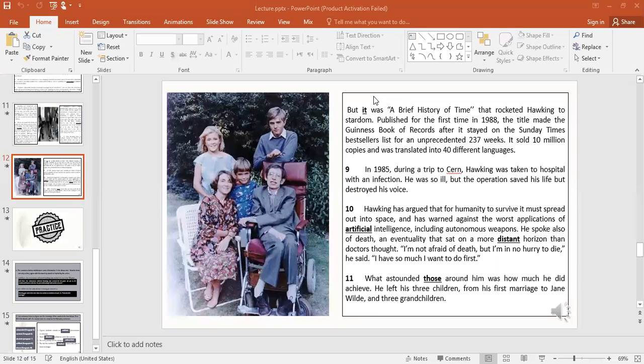Let me ask you a question. Do you think that a book like this, how important was it to sell 10 million copies and be translated into 40 languages? Do you think that it is really a very important book? And from the evidence that we have in the paragraph, how important is this book?